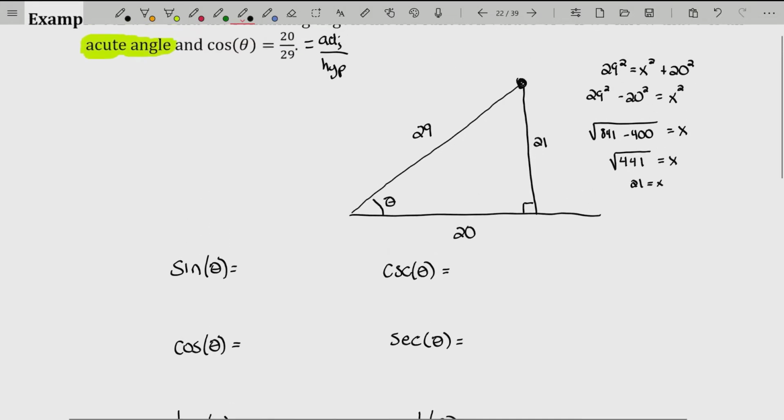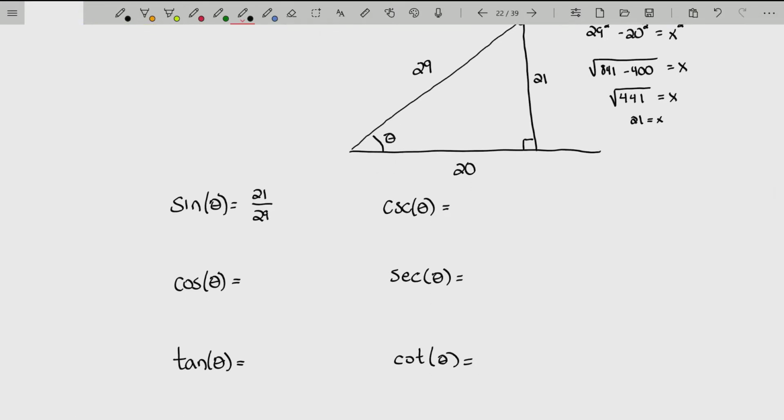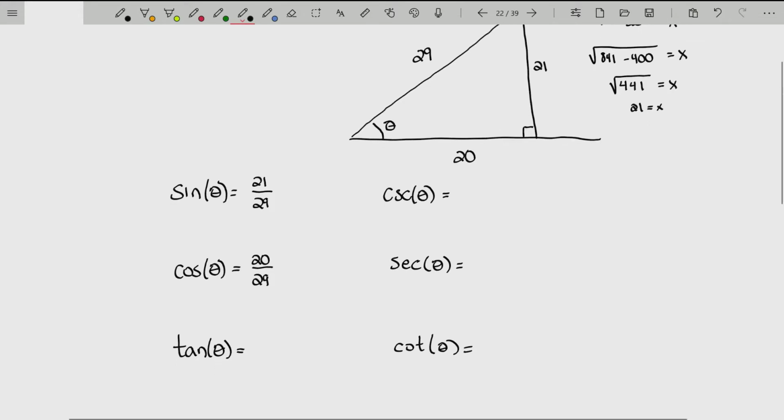All right. So let's see. Sine is opposite, which is 21, over hypotenuse, 29. Cosine is adjacent, which is 20, over hypotenuse, which is 29. Tangent is opposite, which is 21, over adjacent, which is 20, and then take their reciprocals for the others. So cosecant will be 29 21sts.